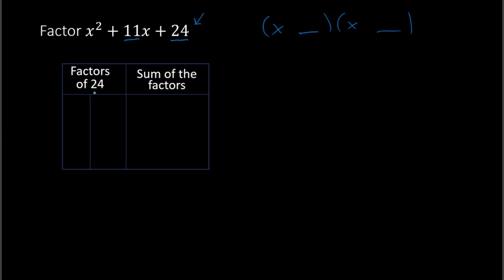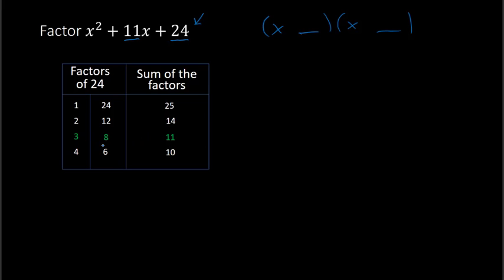So what are factors of 24? Well, I could have 1 times 24, and if I add those, I get 25. I could have 2 times 12, you add those to get 14. You could have 3 times 8 to get 24, you add those to get 11, or 4 times 6 to get 24, and you add them to get 10.